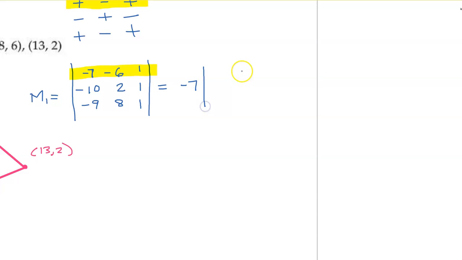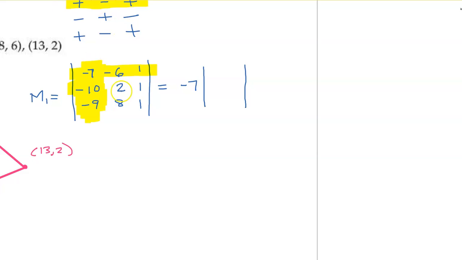All right, and then I'm going to form a smaller matrix that will be formed in the following way. I'm going to ignore the row that I'm dealing with, but I'm also going to ignore the column. So right now I'm talking about the -7, so I'm going to also ignore the first column. Now look what that leaves behind.